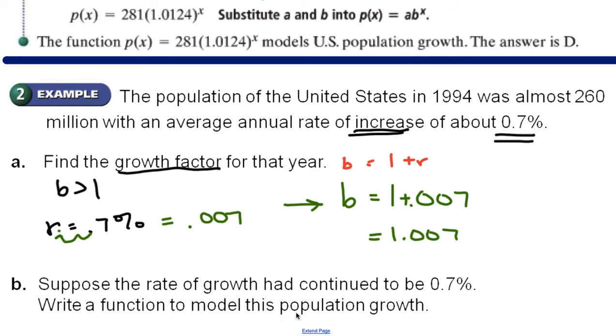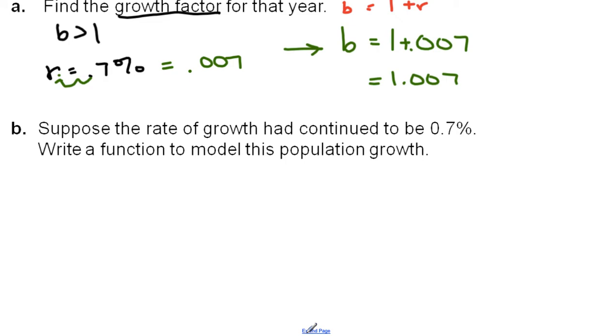Now, for part B, it says suppose the rate of growth had continued to be 0.7%. Write a function to model this population growth. So we are going to come down here, and a, remember, is our starting amount. b is the growth factor.